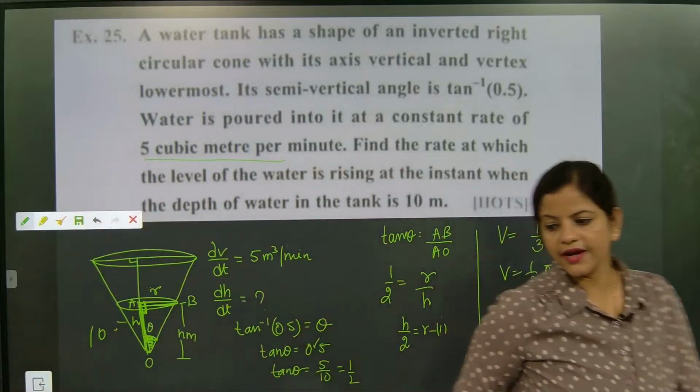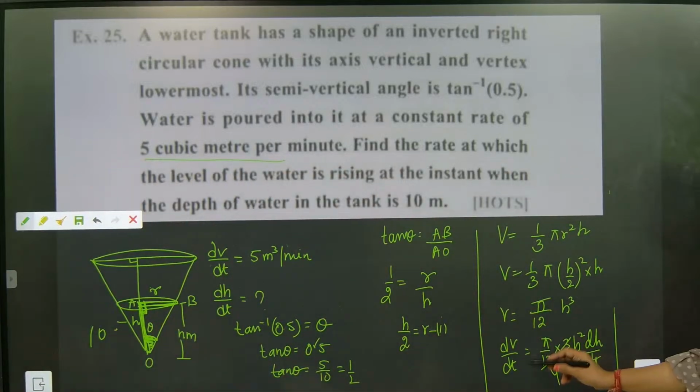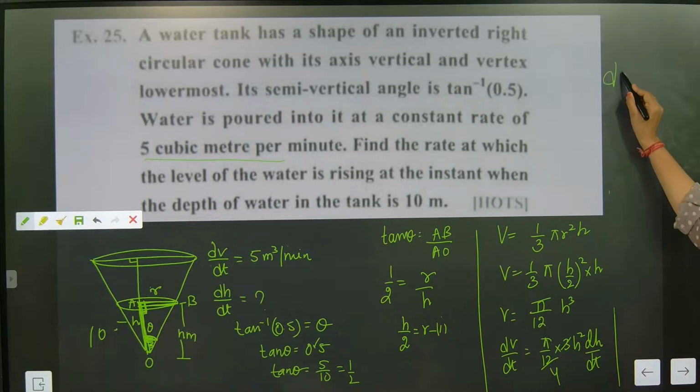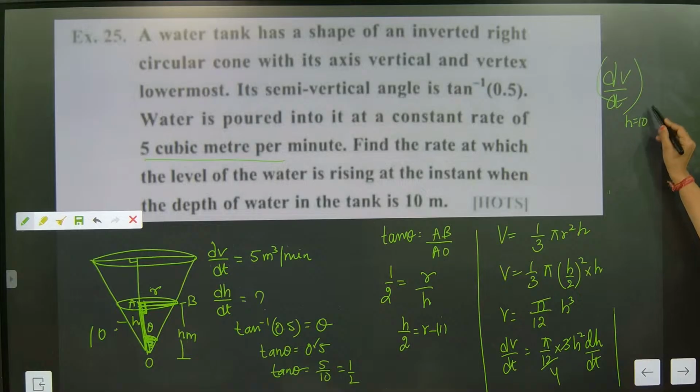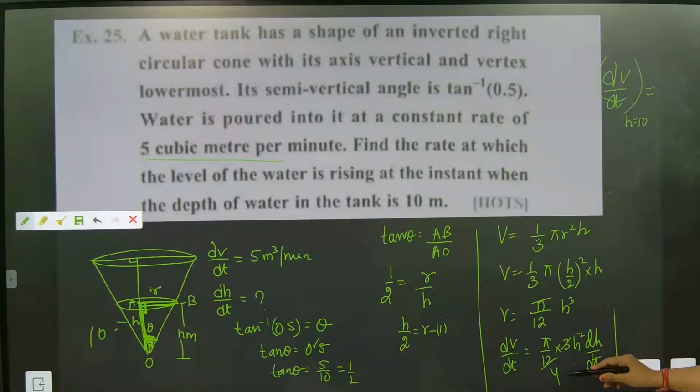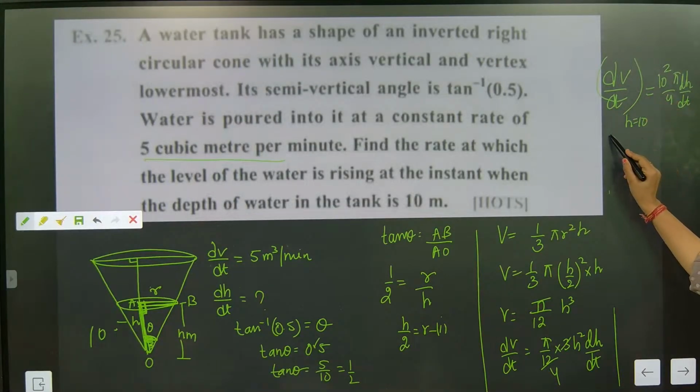Now look here, I'll write it a little bigger. dV by dt at h equal to 10 will be equal to 4 pi, and here there is pi by 4 into 10 square, pi by 4 dH by dt. So this part value will become 5.